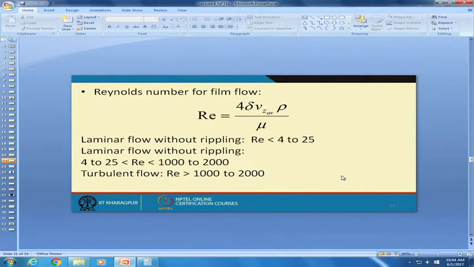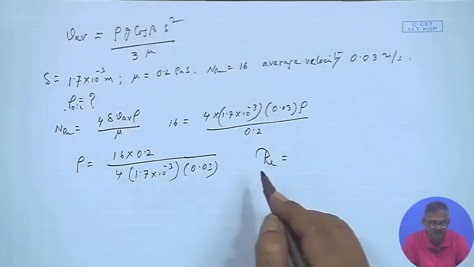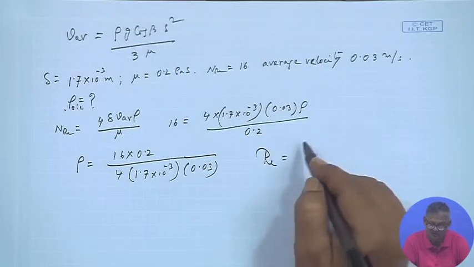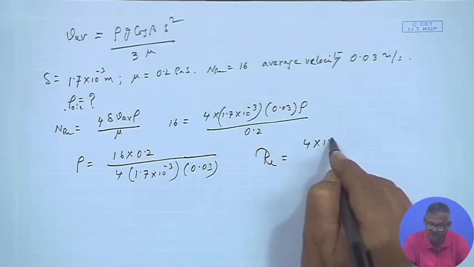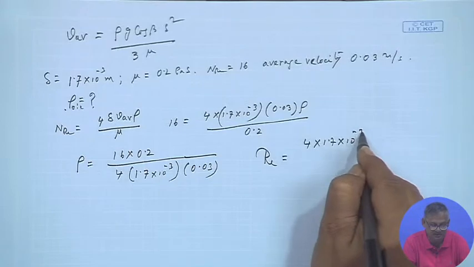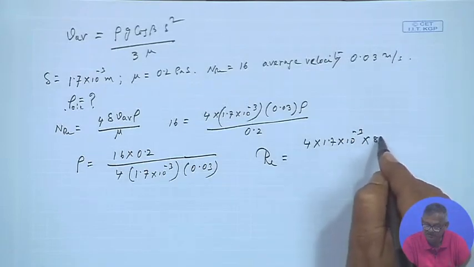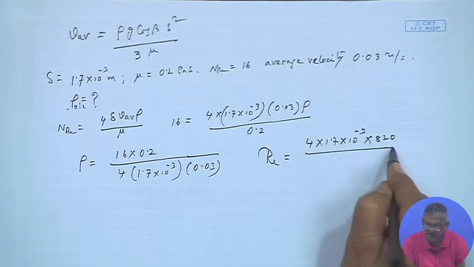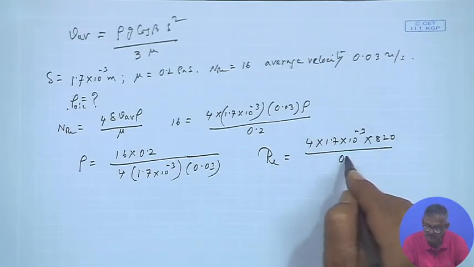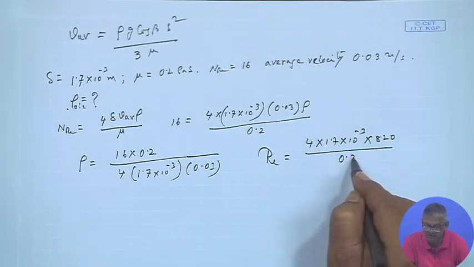So Reynolds number is 4 del V average rho by mu. That is true. So if we do the other way around, if we find out, say, Reynolds number to be found out like the previous one, so 4 into 1.7 10 to the minus 3, right. Say here we had taken 820, and here we had taken 0.2.